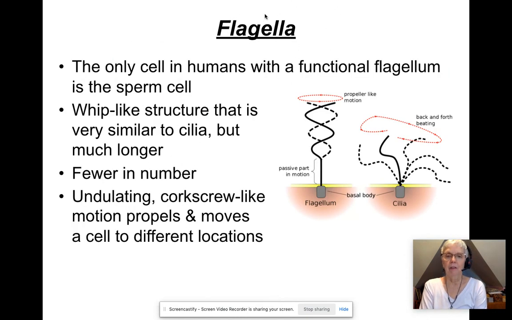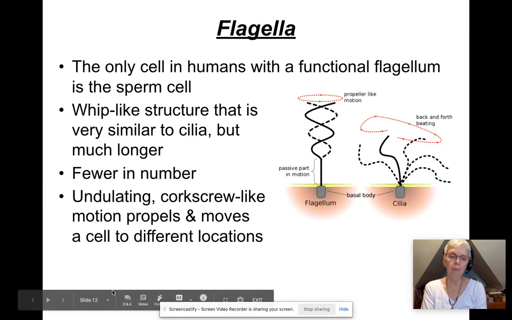Some cells have a flagella on the outside. A flagella is a functional flagellum that moves. You do find them on sperm cells. They're whip-like structures. They're few in number. They don't do a back and forth motion, but more like a corkscrew motion, and it helps to propel the sperm.